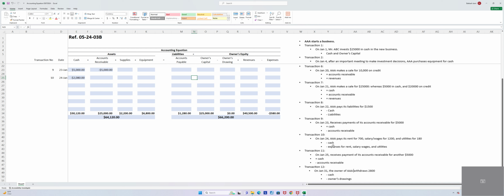So since we are at beginner level, I just want to make sure you understand it correctly. At a higher level, normally we have separate accounts for all of these. Since now we are at beginner level, we put all of these under expenses, but we should be putting them separately. So minus $700, minus $1,200, minus $180. So now we see both sides of the equation are the same.